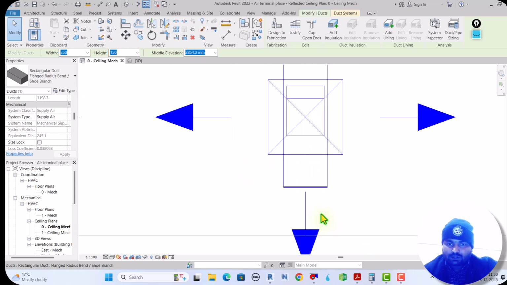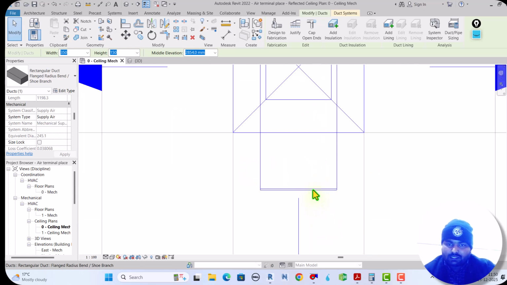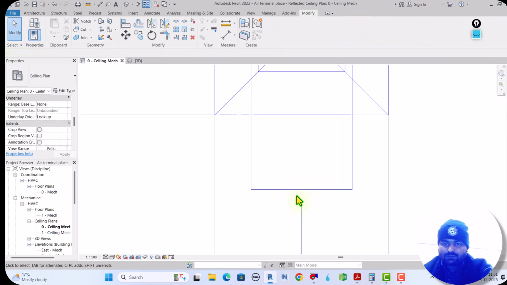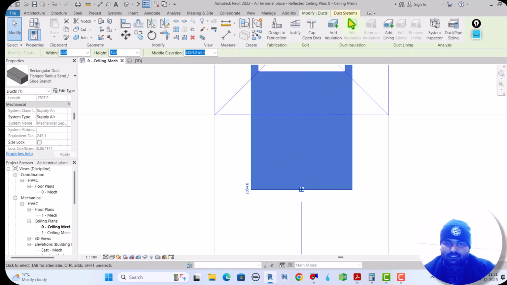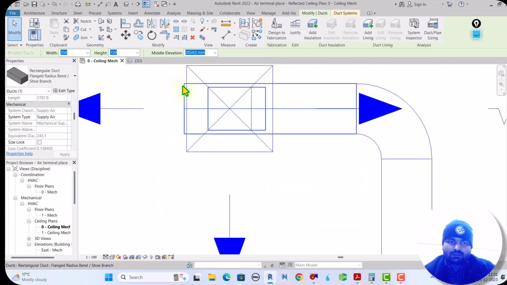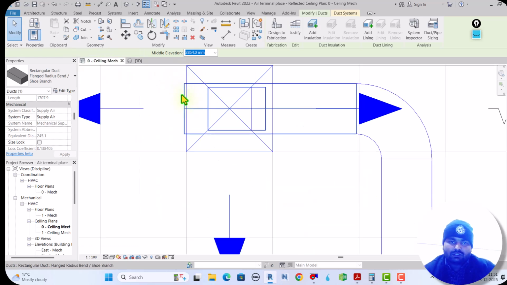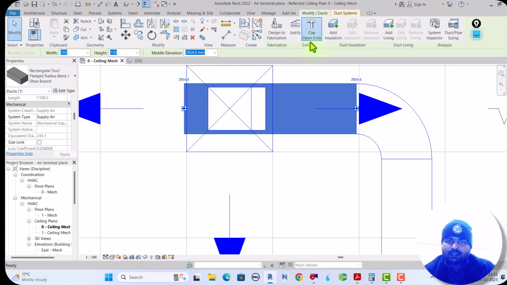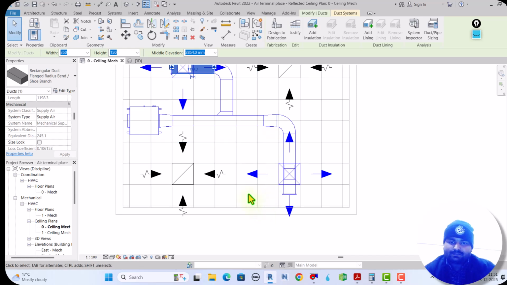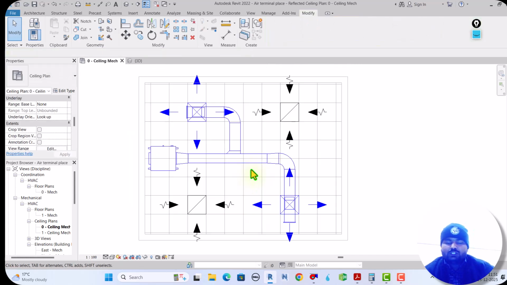See, I already explained this one, and this union, when I split, so it came, so I can delete and click the duct and cap ends, close. Okay, I have to close, otherwise air will be outside. Cap open ends, okay, both sides I close. So this is the thing.